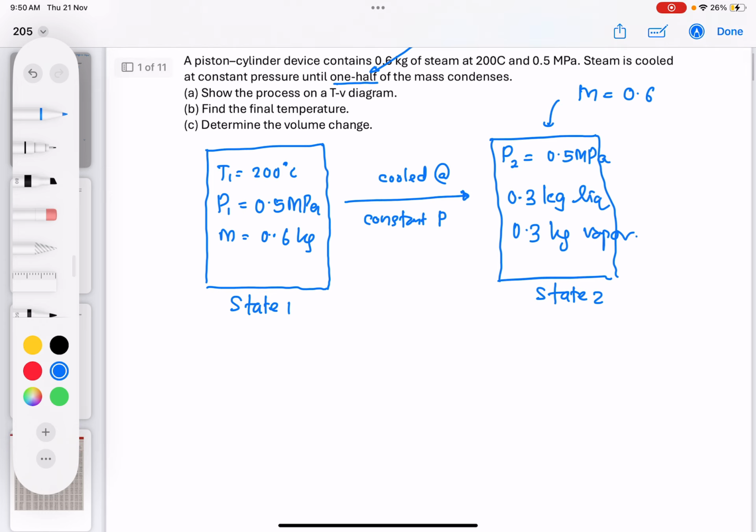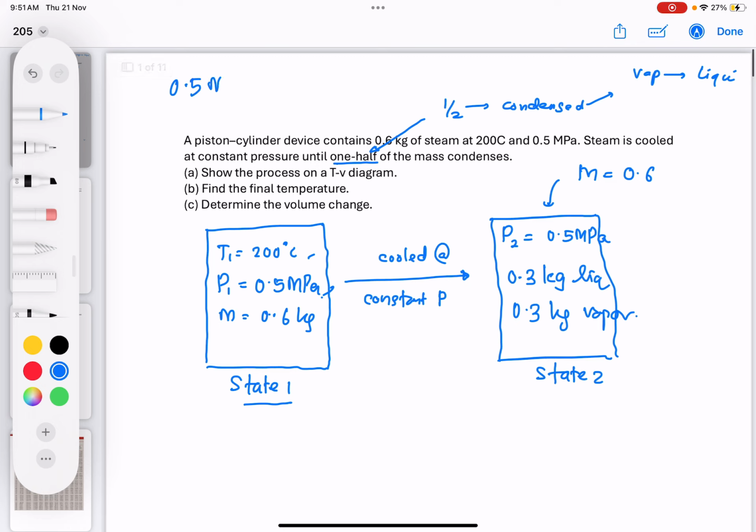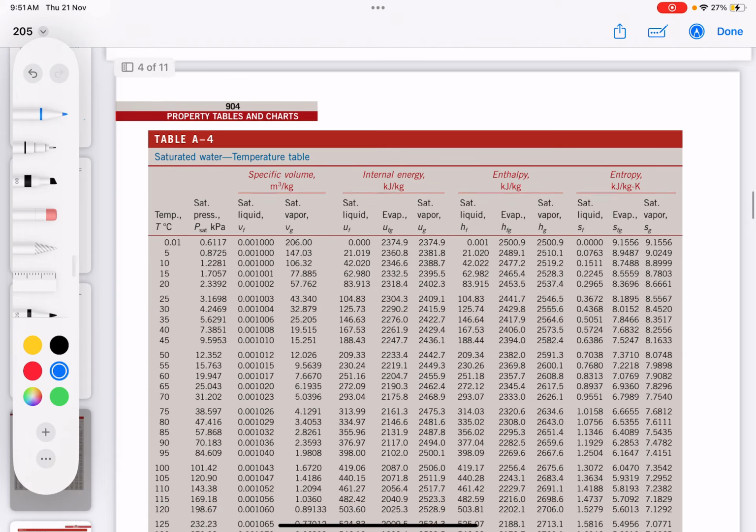Alright, so now for state 1, the temperature given was 200 degrees Celsius and 0.5 megapascal. 0.5 megapascal equals 0.5 multiplied by 1000 kilopascal, which equals 500 kilopascal. So we have to take a look, because we have to determine the phase for state 1.